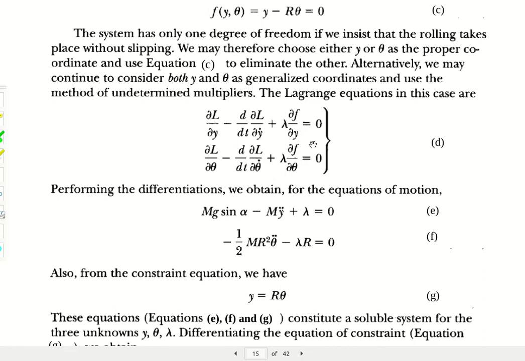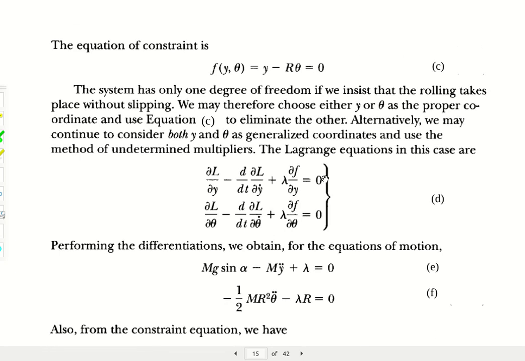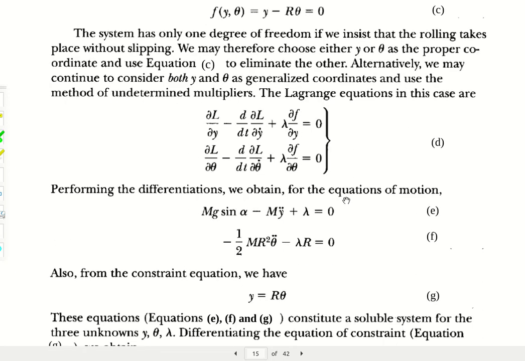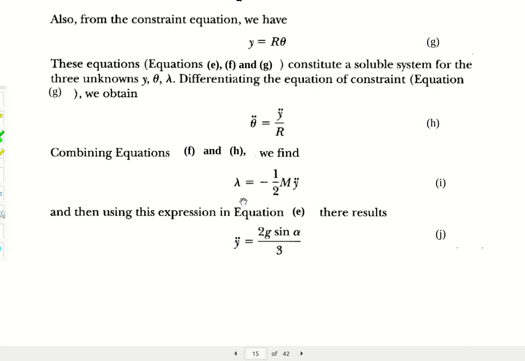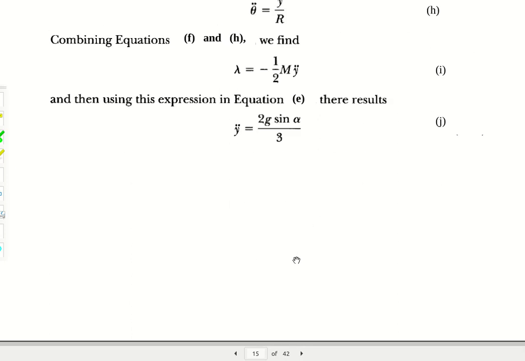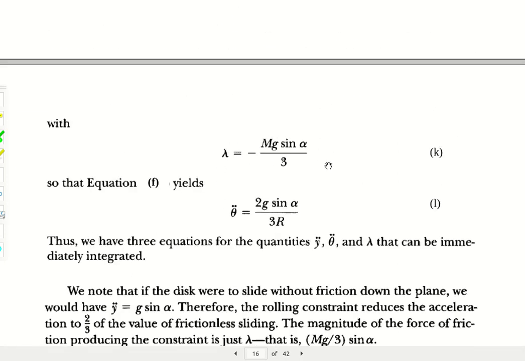So there are two equations, one for y, one for theta, but there is one Lagrangian undetermined multiplier. So the two equations can be solved, and by a mathematical trick you can find lambda, which is equal to minus mg sin alpha by 3.